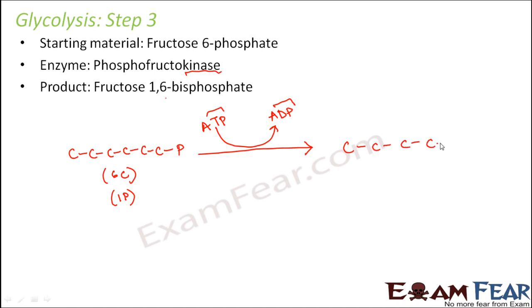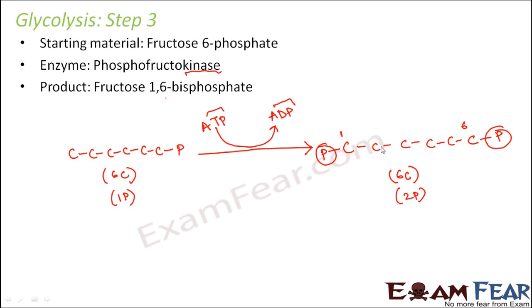So as a result, the carbon atoms you have are still 6, but now you will have 2 phosphate groups. One was already existing and the other one will come from this ATP. So one phosphate group was already here and the other phosphate group gets added to the first carbon atom. Therefore, it becomes fructose 1,6-bisphosphate.